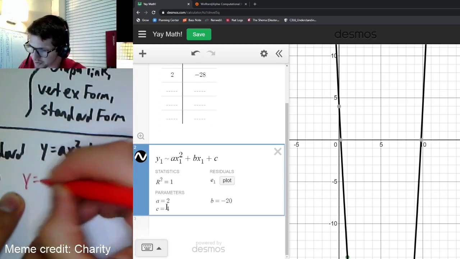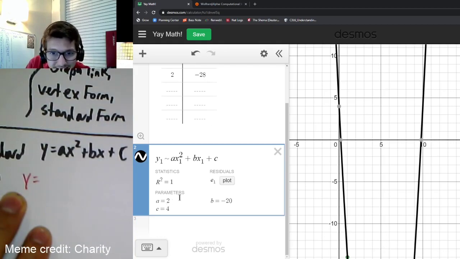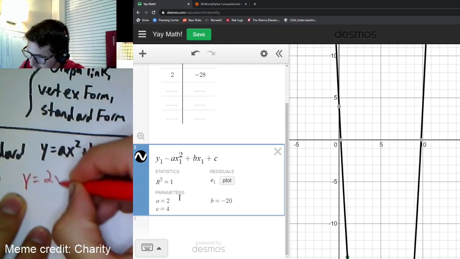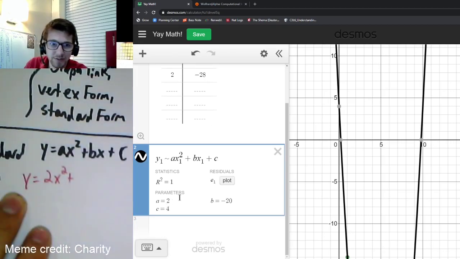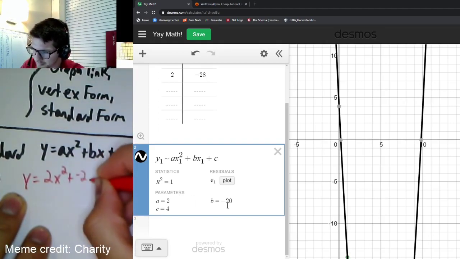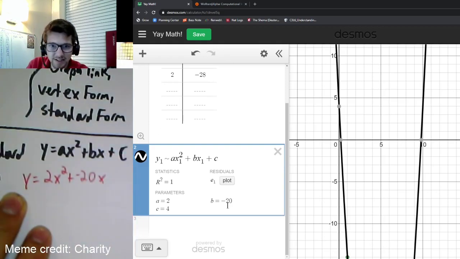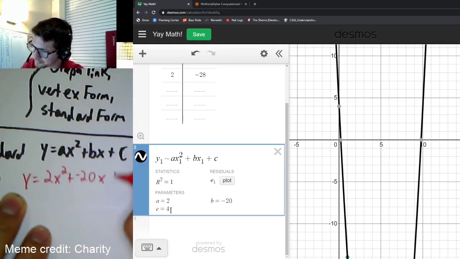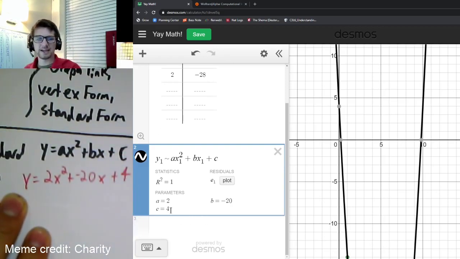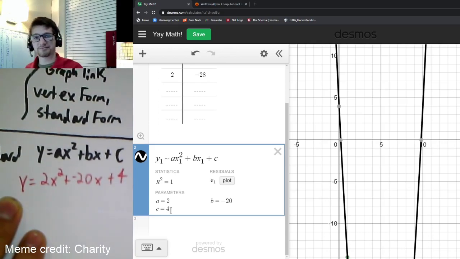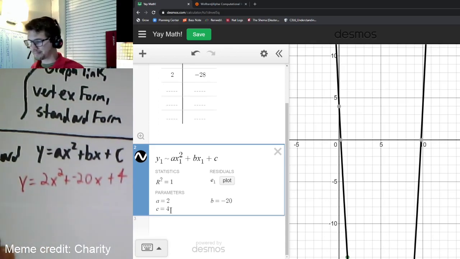So y equals, what's A? Looks like A is 2, plus B. What's B? Looks like B is negative 20. And what's C? 4. And I have my standard form equation. No, that wasn't too bad.